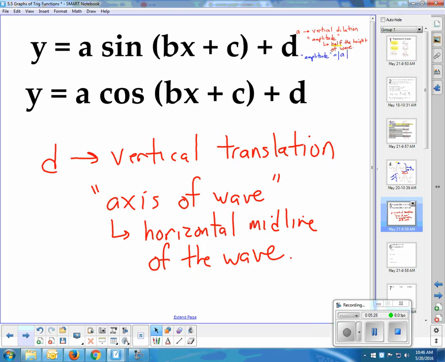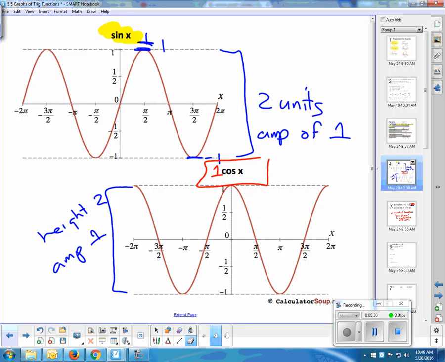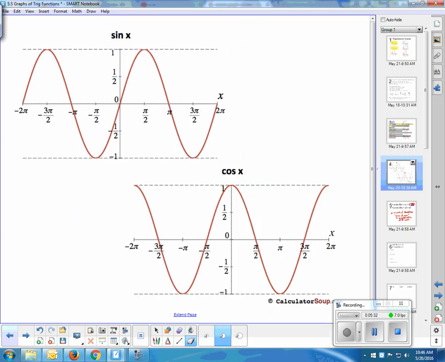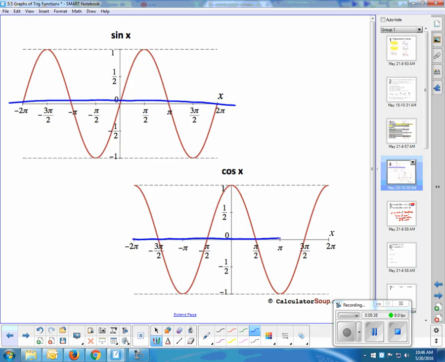If I once again take a look at the parent function graphs that I have, in both cases, the horizontal midline of the wave happens to be the x-axis, or the horizontal line y equals 0, depending on how you want to describe it. But if I were to take either the sine graph or the cosine graph and shift it up or down, the axis of the wave would shift along with it.